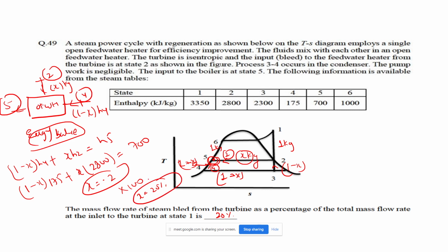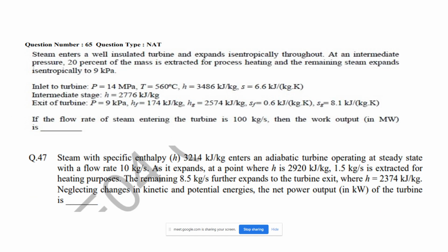Hello? Yes, sir. Okay. Try to solve this.